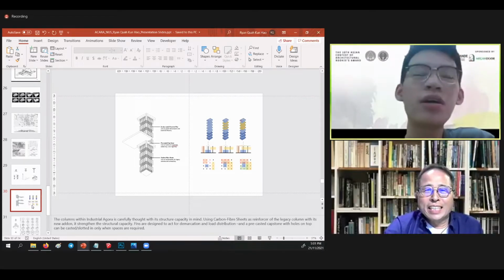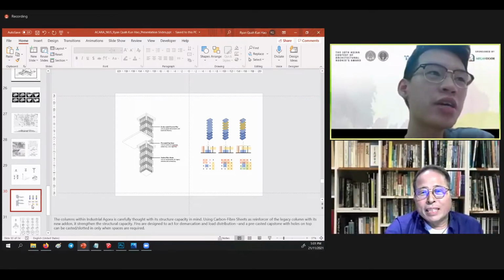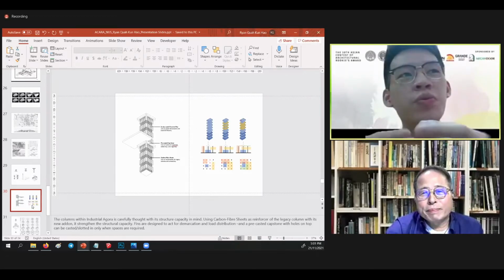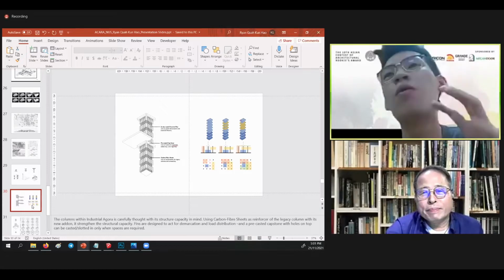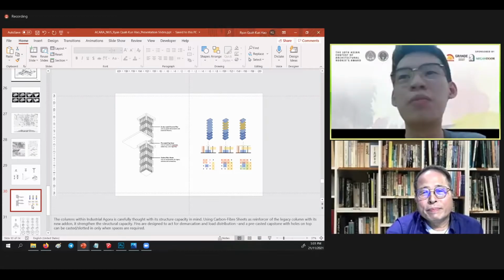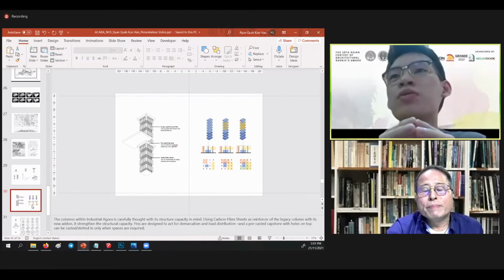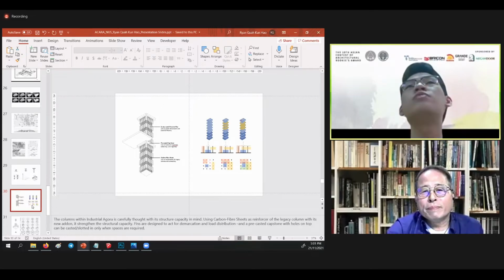In this project, because the project wants us to create through architecture, we couldn't use any formal existing solution that's already available. I thought that the idea was to give people the flexibility to create any space they want, but still be controlled.